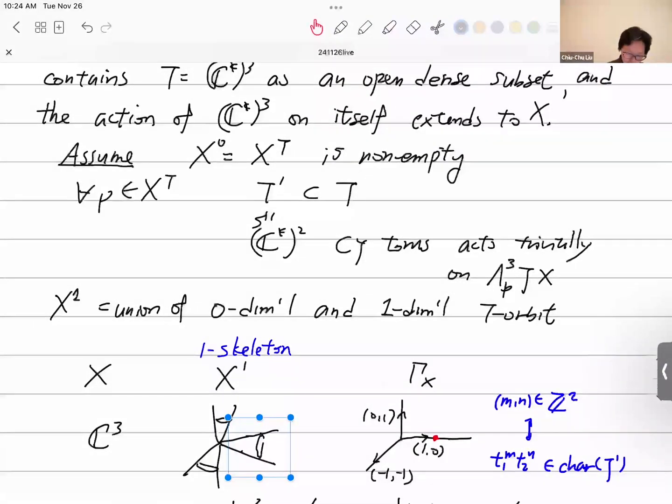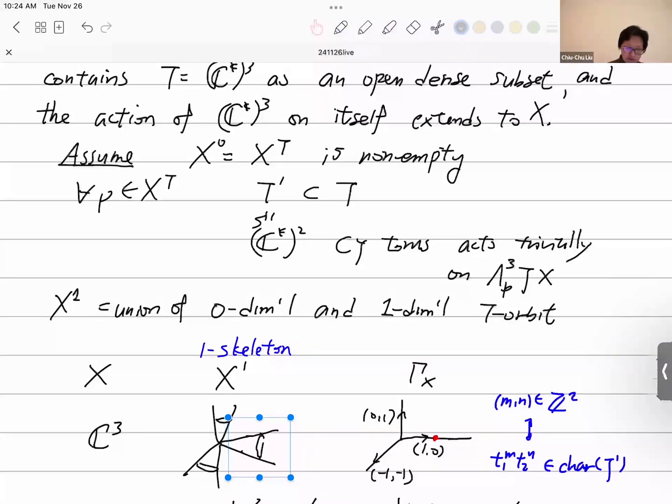So we would like to use some graph to specify this configuration of torus invariant lines. For each one-dimensional T orbit, which is C, we associate a ray.